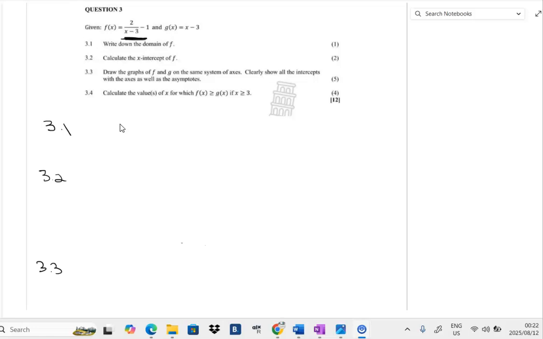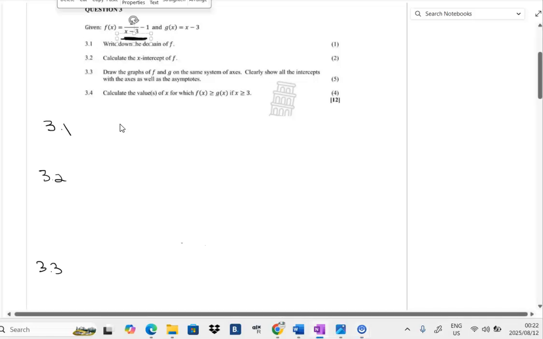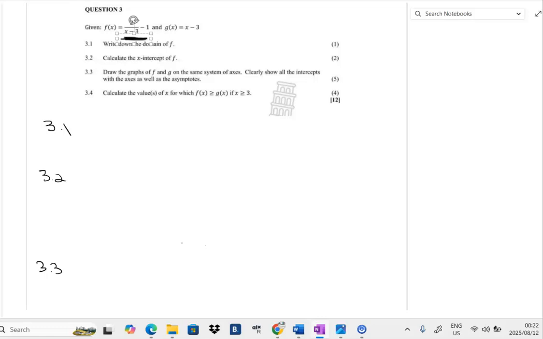So we are given two functions. The first function is a hyperbolic function, and the second function is a straight line. The first question says, write down the domain of the function f.